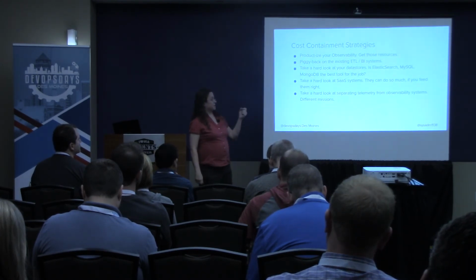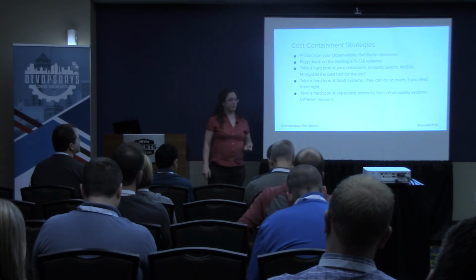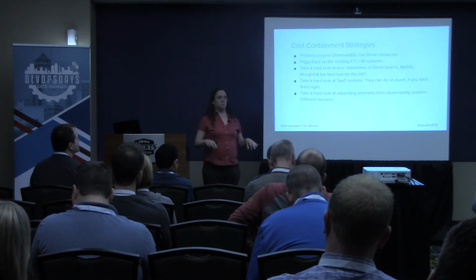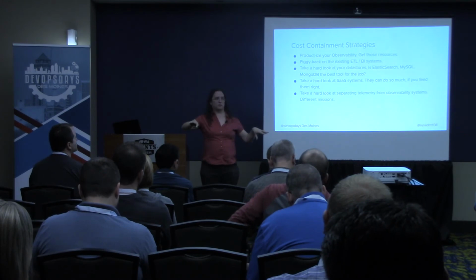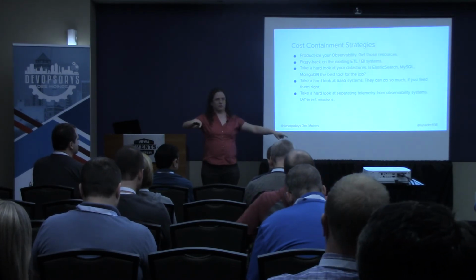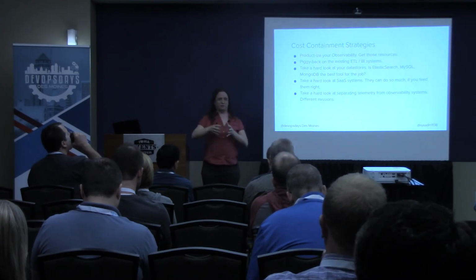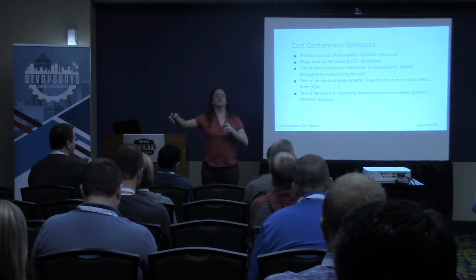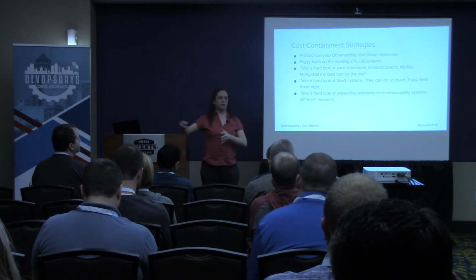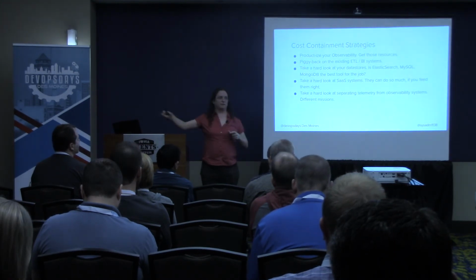And take a hard look at separating telemetry from observability systems. They're different missions. This may mean you need two completely different data stores. One to deal with the telemetry style questions coming out of engineering and support, and maybe even different technologies for your observability systems that is there for long baseline analysis that you need to do.